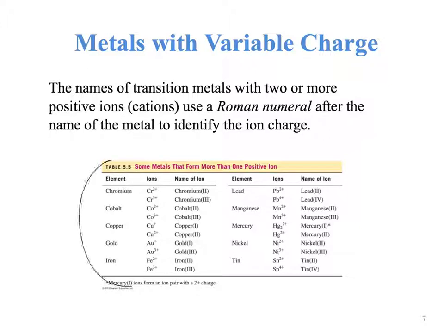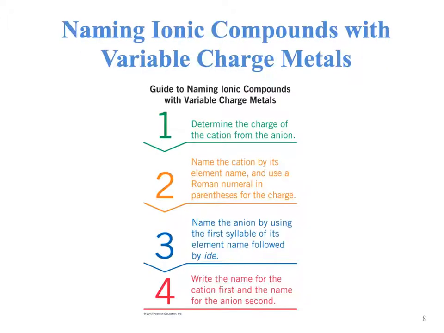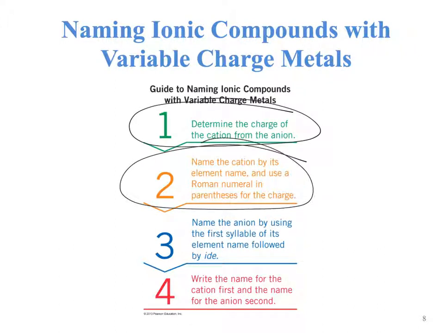Here is a table of the more common metals that you are going to use throughout the semester. So the first thing is to identify the cation and the anion, name the cation by its name, figure out the charge of this cation so we can write in parentheses the charge, and name the anion ending in "ide".